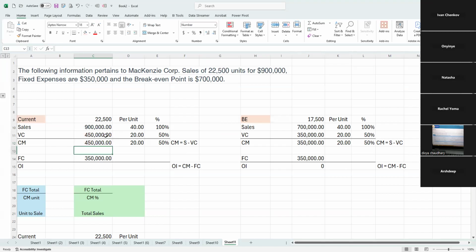Do I know my operating income in my current situation now? Yes. 100. Do you understand how from one reality I'm moving to a completely different reality? Make sense? Yes. So now I have a clear picture of this company.